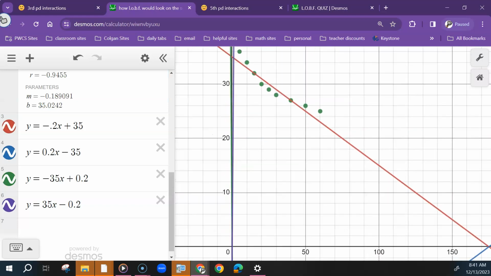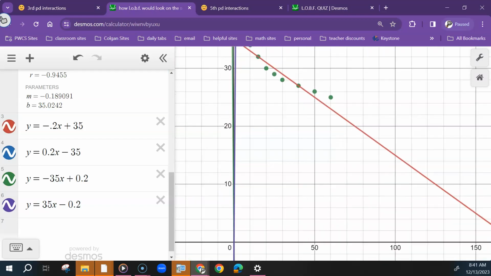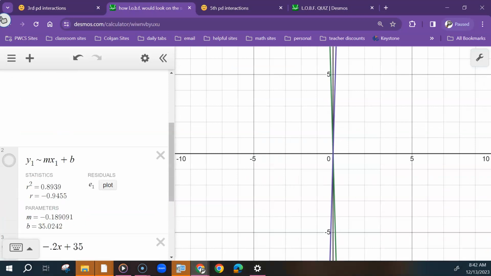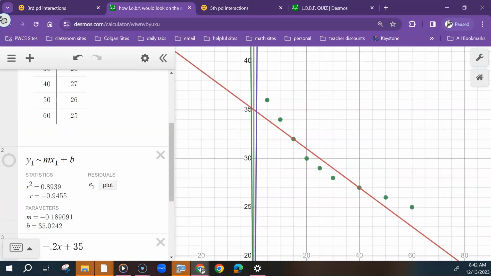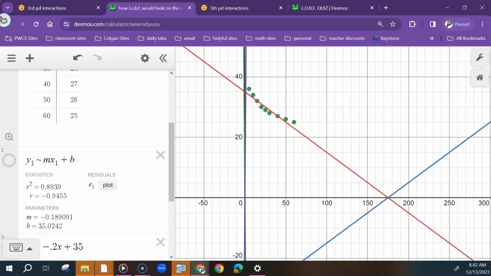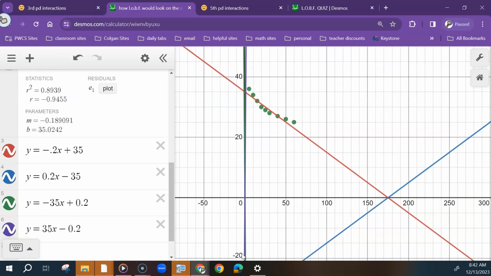It's all the way down here. Let's try this. So the blue is all the way down here, definitely not near the points. The red is right around the points. The green and purple are facing another direction. So that would tell me that the red is the closest.